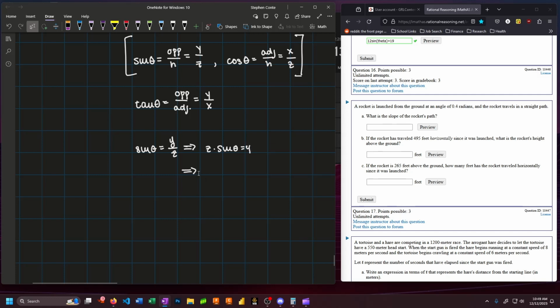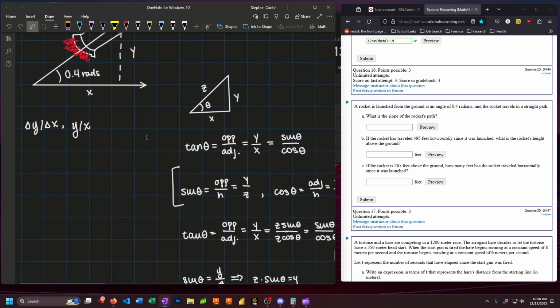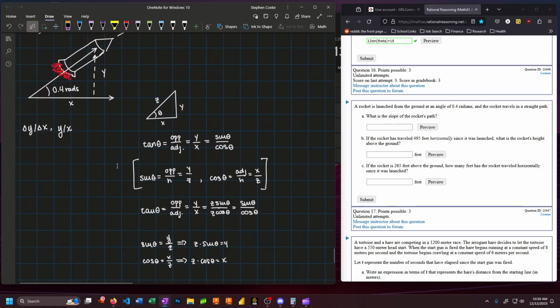For cosine of theta, we have x over z, so multiplying by z, z times cosine of theta is equal to x. If I plug these into the tangent of theta, I have z sine of theta over z cosine of theta, which is just sine theta over cosine theta. That's the really long-winded way of doing it. I just wanted to show that to you just in case you do see that on a question.